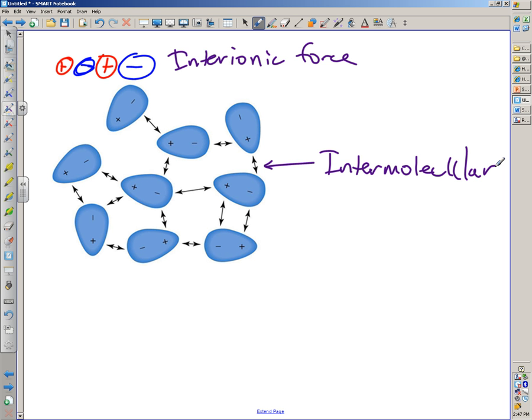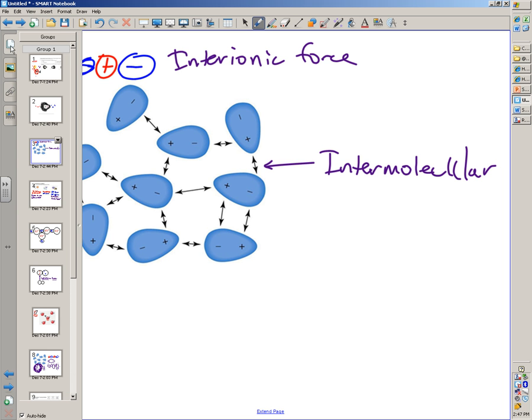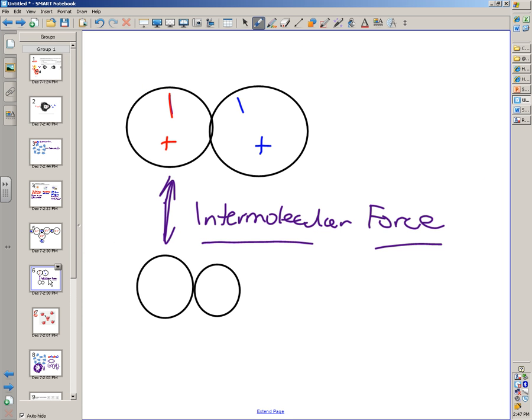Is that good so far? How strong are these intermolecular forces going to be compared to these intermolecular forces? Stronger.